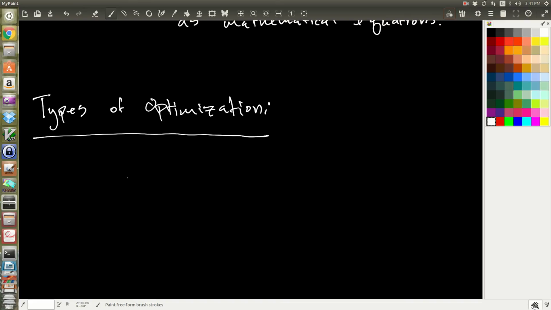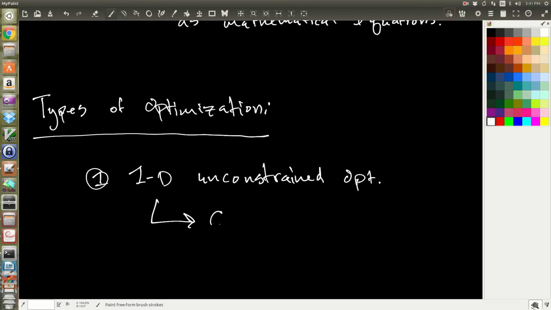Okay, we're going to talk about unconstrained, so one-dimensional, 1D, unconstrained optimization, and that is, I think it's chapter 13 in the book. So this is chapter 13 in the text.